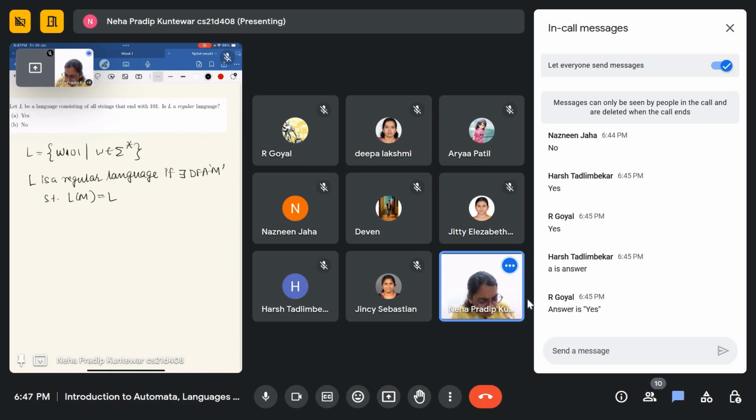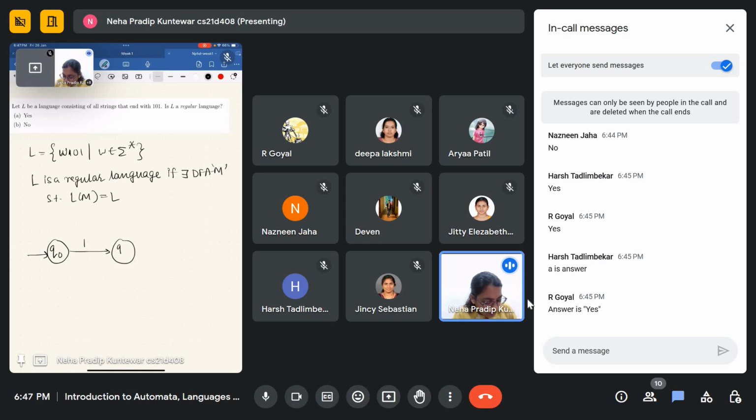So you start with your initial state. What we want is that if you read the string 101, then you accept it. But what do you do in this state q0 if you don't see a 1?